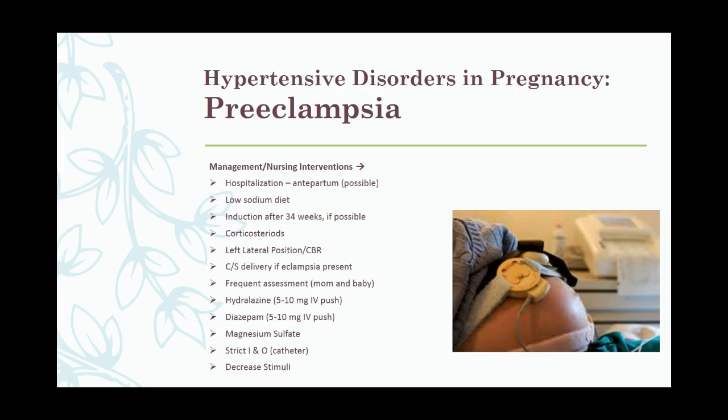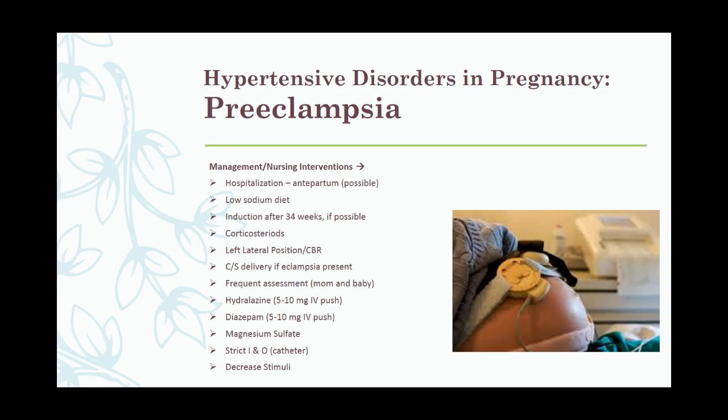After 34 weeks, if the preeclampsia is bad enough, we can schedule an induction even prematurely, because the benefit of that sometimes will outweigh the risk of continuing on with the pregnancy. Because remember, the only cure for preeclampsia is delivery of the baby. So sometimes we have to induce these people prematurely to save the life of the mother and the fetus.